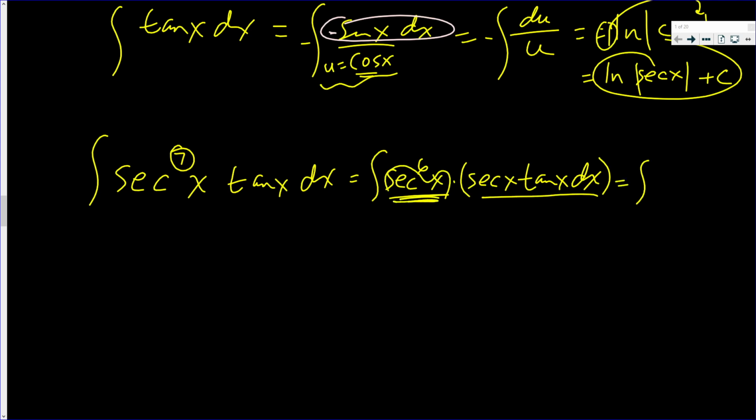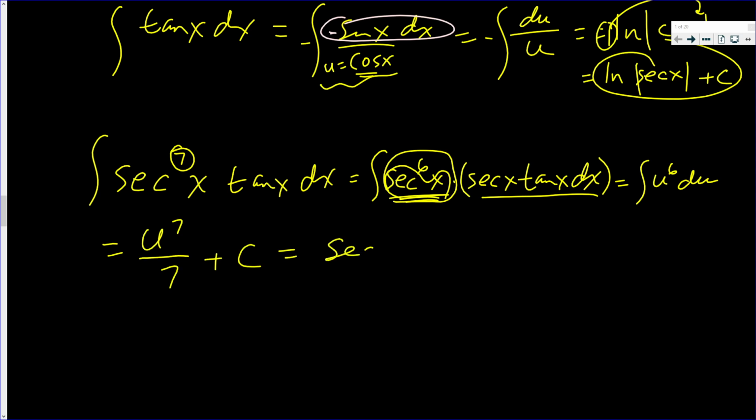That is, this whole piece will be u to the 6 times du. Well, that's just u to the 7 over 7 plus c. U is secant x, so it's secant x to the 7th power over 7 plus c. So that took care of that one.